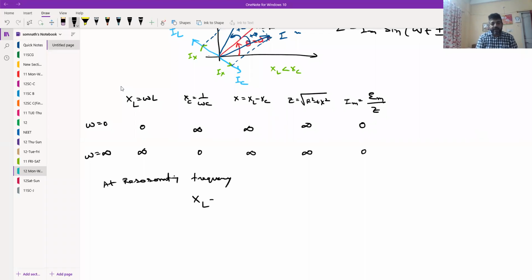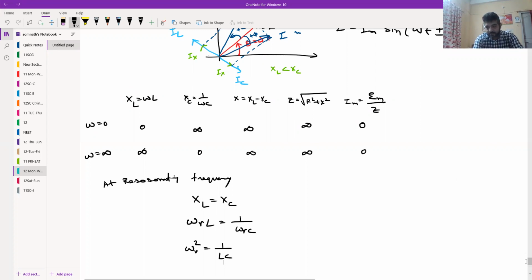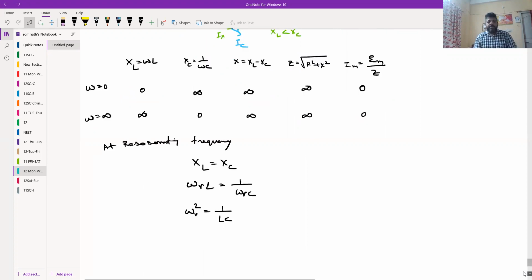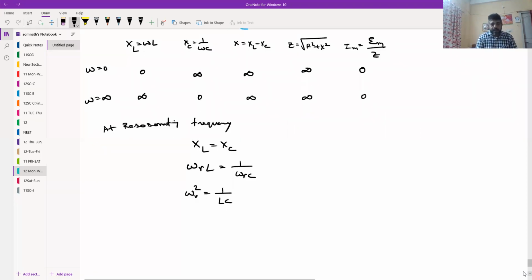I can write now XL equals XC. I already showed you this. So omega R L equals 1 by omega R C. So omega R square equals 1 by LC. That means omega R is 1 by root under LC, which equals 2 pi times frequency.